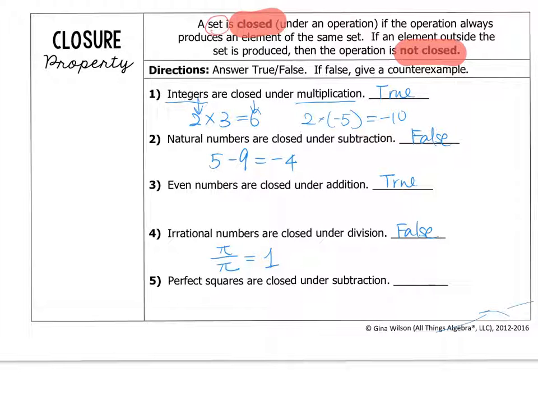Now, perfect squares are closed under subtraction. So if I have 5, its perfect square is 25, and the perfect square of 2 is 4. So you subtract them, you get 21, and 21 is not a perfect square. So this is false.